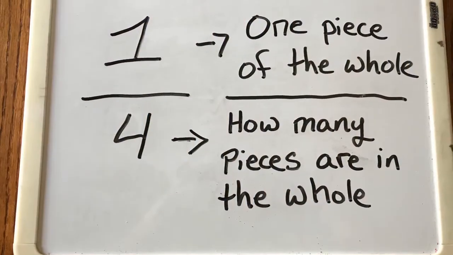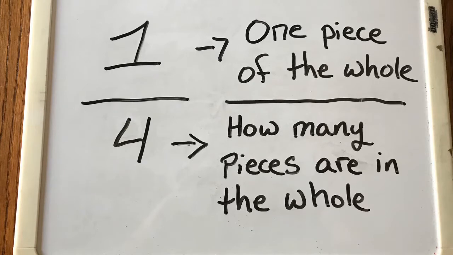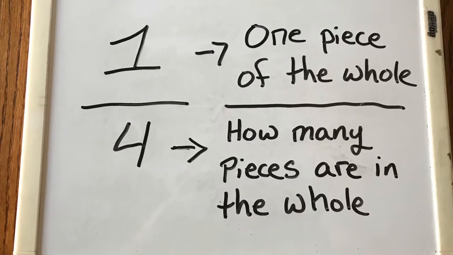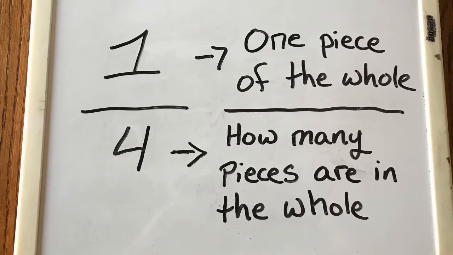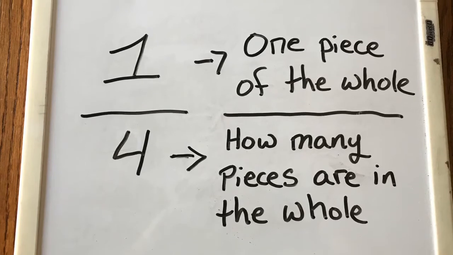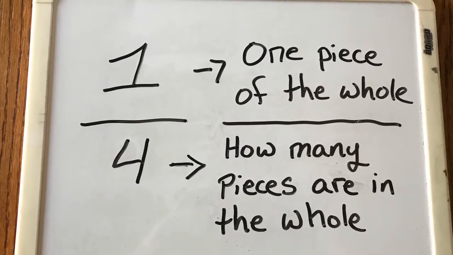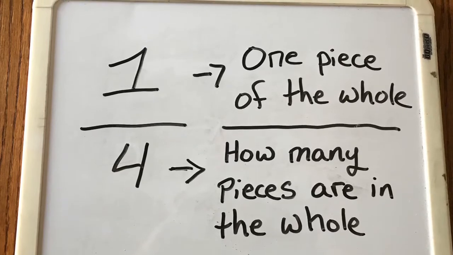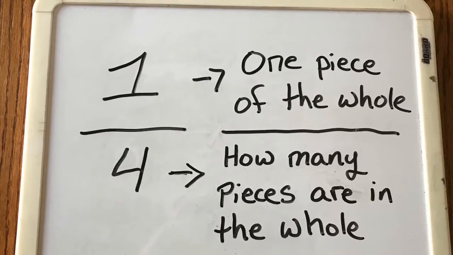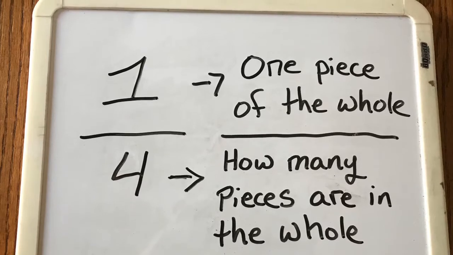If we're naming one of those pieces, it's going to be 1 on top, because we have 1 piece, and 4 on bottom, because it takes 4 of those pieces to make one whole. So one of those pieces will be labeled as 1/4 of the whole.